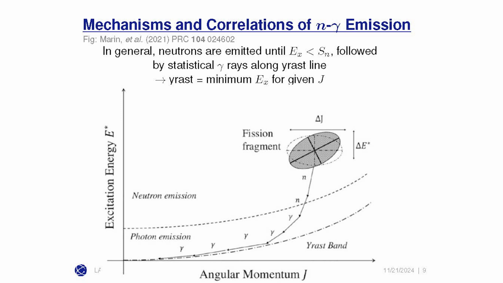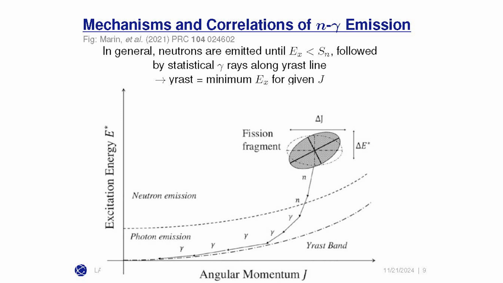Once you pass below your neutron separation energy, you can't emit any more neutrons, and so you still want to emit as much energy as possible, and we get higher energy gamma rays that are more of a statistical nature, a smoother spectrum, that we'll see in a little bit. And so you get down to this yrast line down here, which is the minimum excitation energy for a given spin and parity.